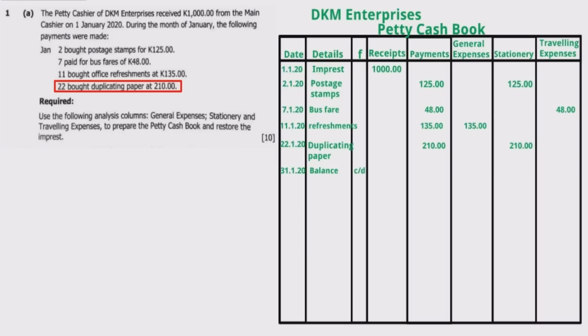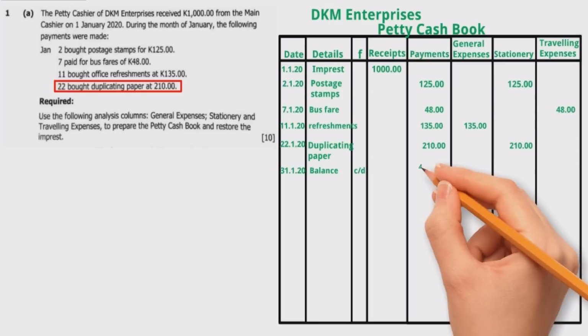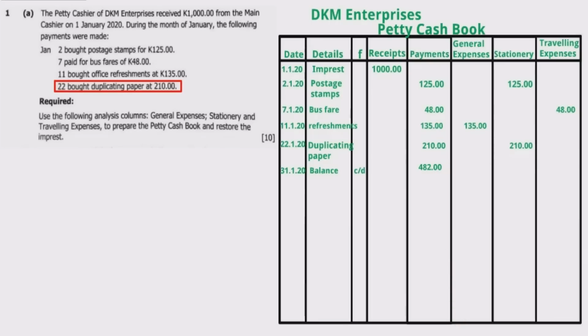When you punch 125 plus 48 kwacha plus 135 plus 210, this will give you 518. Now, subtract 518 from 1000, it will give us 482 kwacha.